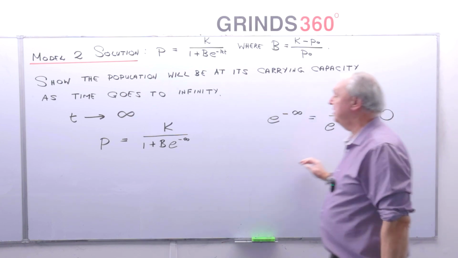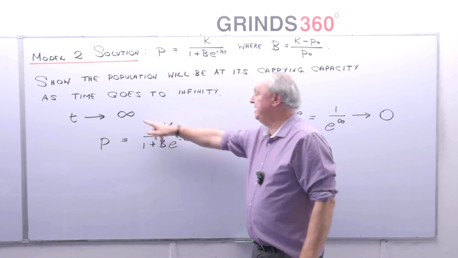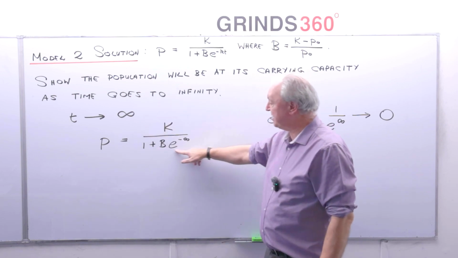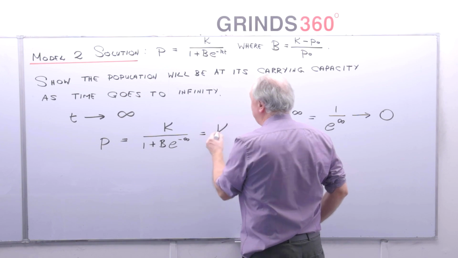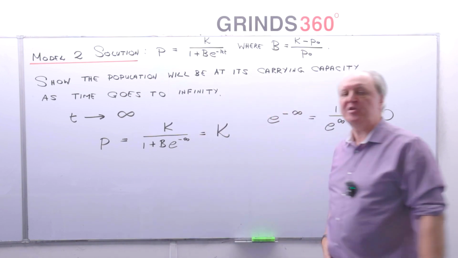So as t goes to infinity, that number tends towards 0. So therefore, that there is equal to k. And k is the carrying capacity.